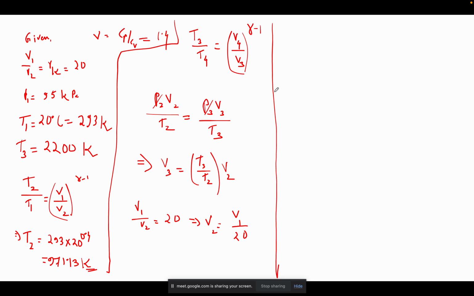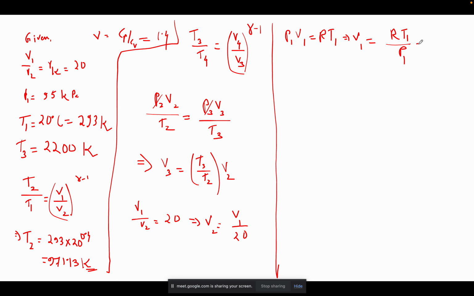Then how to calculate V1? P1 V1 is equal to RT1, so V1 is equal to RT1 divided by P1.